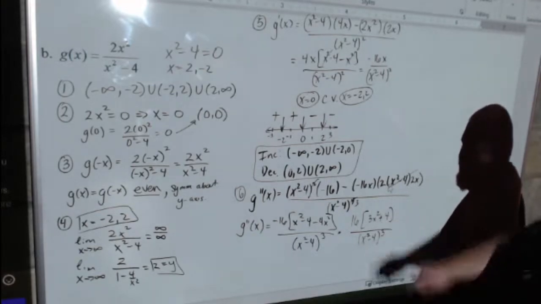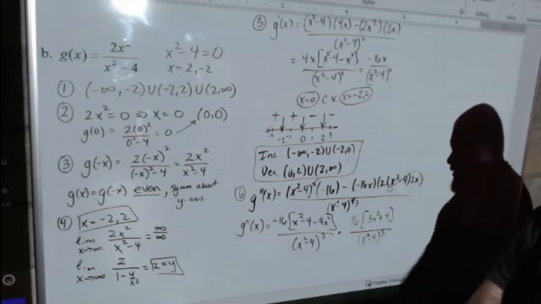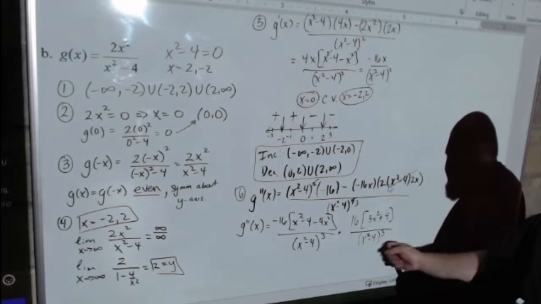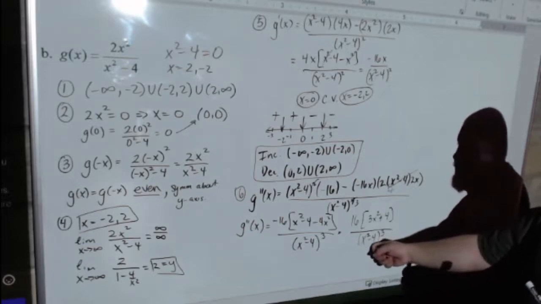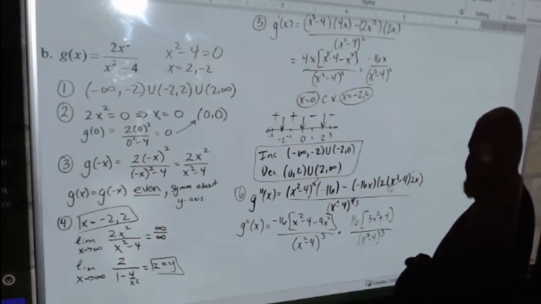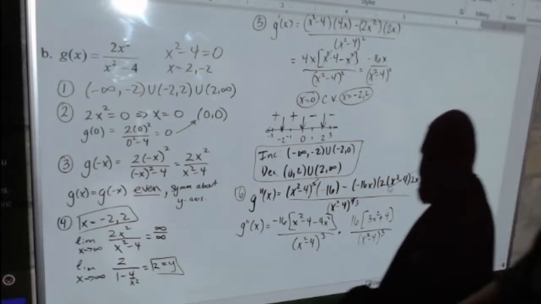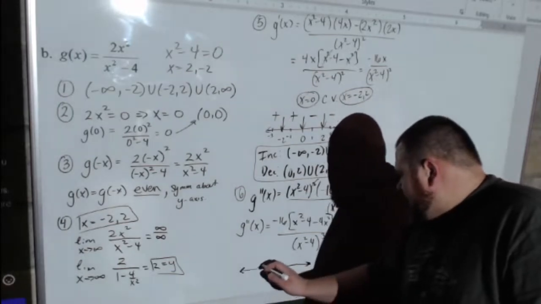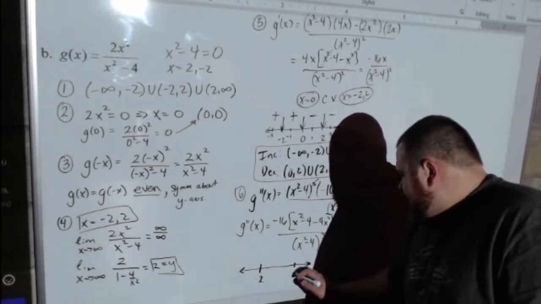That's complex numbers, so the numerator doesn't help us. So I just need to solve the denominator equal to 0. And by the way, we've done that multiple times now. That's going to give us negative 2 and 2 again. So once again, number line, negative 2, 2.